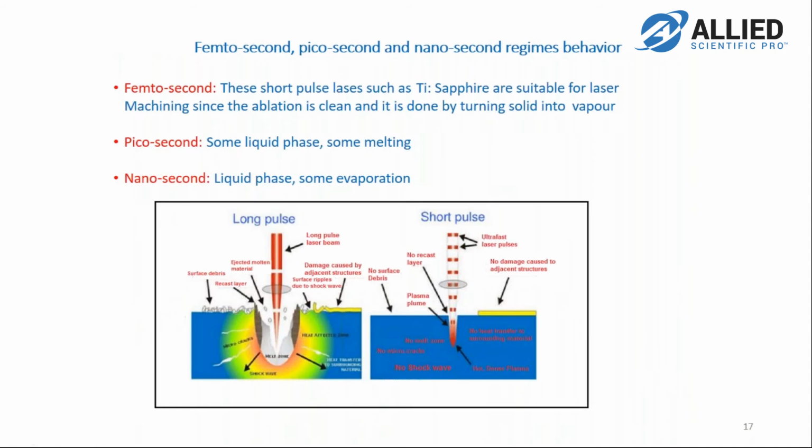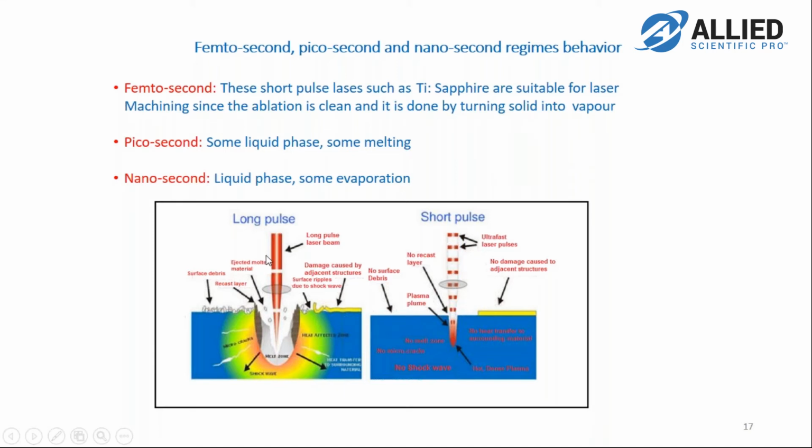Now, going back to laser ablation, let's compare different time regimes: femtosecond, picosecond, nanosecond. So in case of short pulses, everything is clean. There is no melt zone, no micro cracks, no heat transfer to surrounding material, no damage caused to adjacent structures, no surface debris, no recast layer.